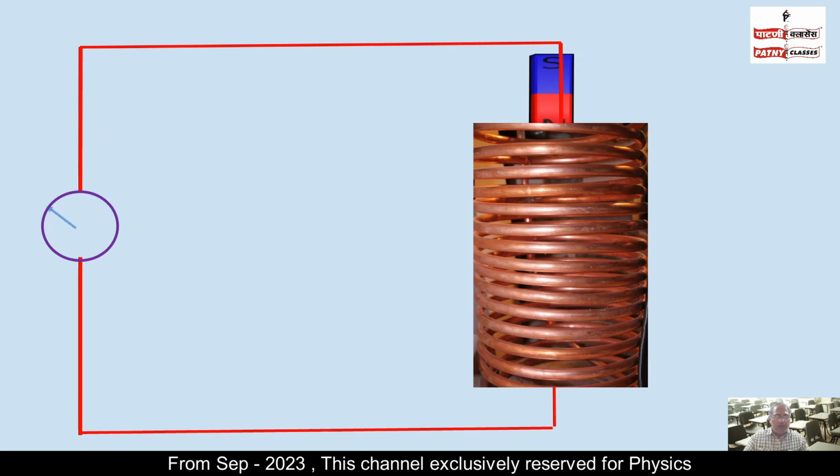When we move the magnet from bottom to top, the direction of deflection in the galvanometer is also reversing. Let us see the experiment once again. As the magnet is moving from bottom to top, the galvanometer deflects in the reverse direction.